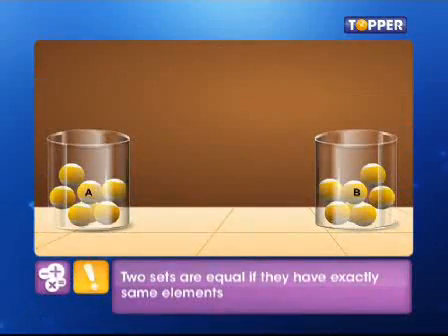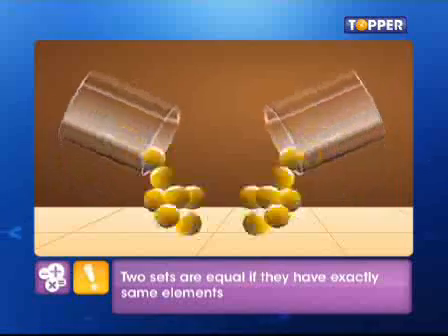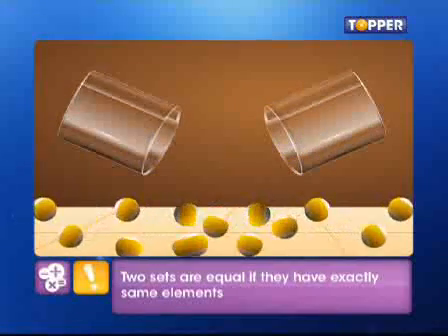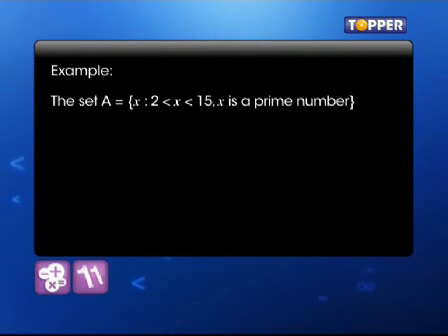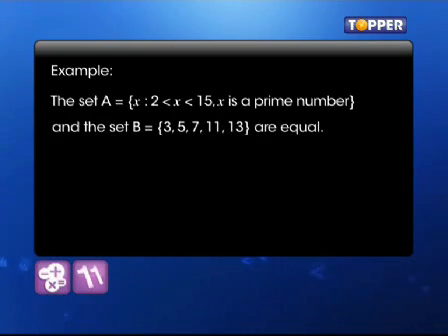Moving swiftly along, we now come to equal sets. Two sets A and B are equal if they have exactly the same elements. The set A, equal to {x such that 2 < x < 15, where x is a prime}, and B, equal to {3, 5, 7, 11, 13}, are both equal.